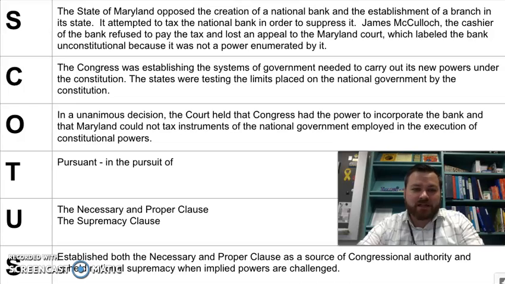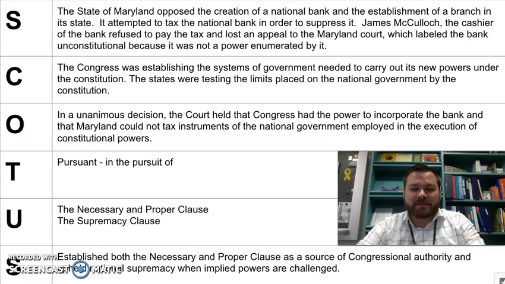So James McCulloch, the cashier of the bank, was instructed by Thomas Jefferson not to pay the tax, because even though Jefferson believed in the rights of the states, he also didn't believe that the states should have total authority over the national government. He was trying to strike that balance as well. So he loses an appeal in the Maryland court, and then it goes over to the federal courts and eventually to the United States Supreme Court.